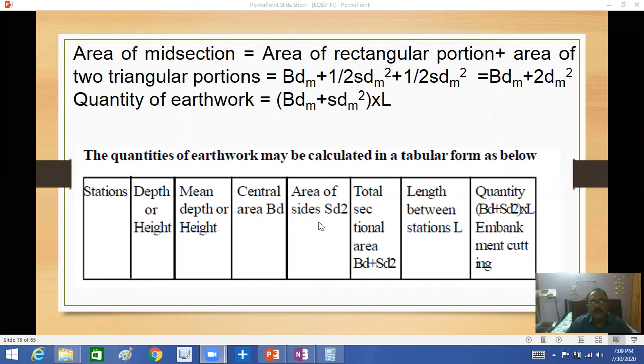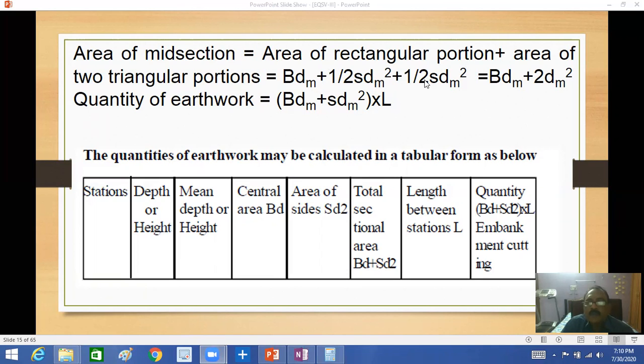Central BD, sides area SD square, if you add, total section area BD plus SD square, and length between two stations, generally 30 meter chain or 20 meters. The quantity you have to calculate for this embankment, banking or cutting. In this table you have to tabulate and calculate the quantity of earthwork.